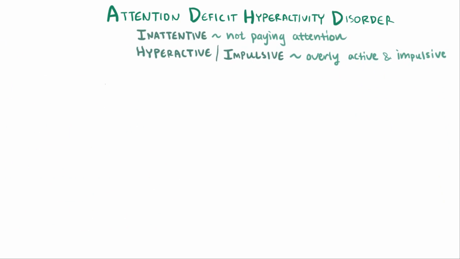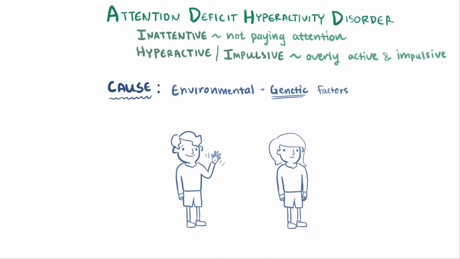Alright, but what causes someone to be hyperactive, or impulsive, or inattentive? Well, as you might guess, it's pretty complicated, and we don't really know. Probably a lot of different factors, and ultimately they all fall into some combination of environmental and genetic factors. One interesting clue to a genetic component of ADHD is looking at families.